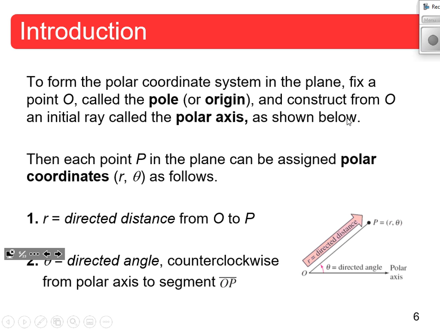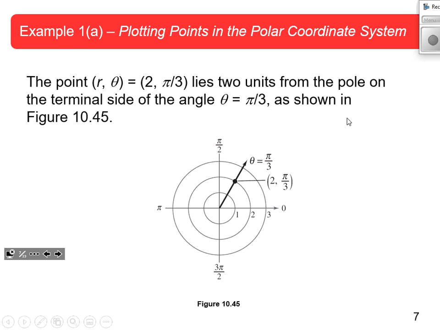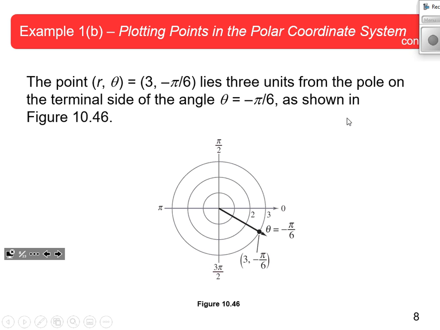Now, r is our directed distance from O to P, and theta is our angle. So if we look at this here, 2 comma pi over 3 is a positive distance of 2, and a rotation of pi over 3 to get to this point here. So this one here, we have 3 and negative pi over 6. So a distance of 3 and negative pi over 6, as shown.